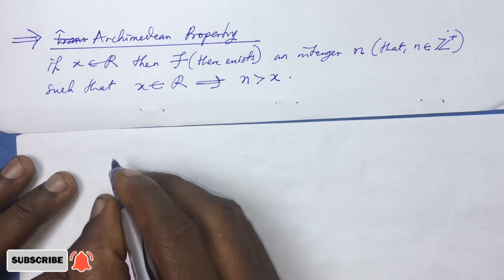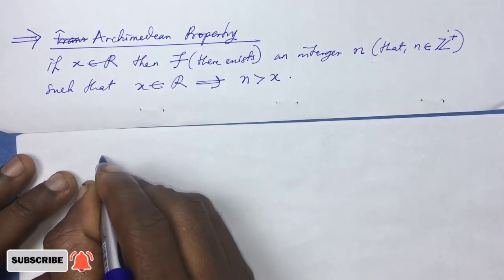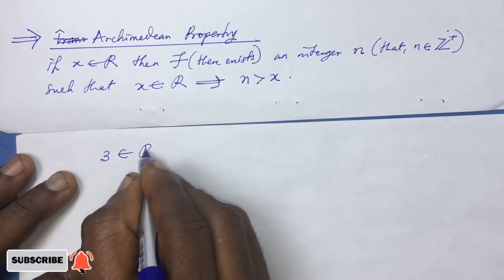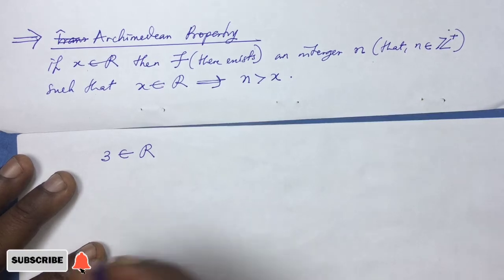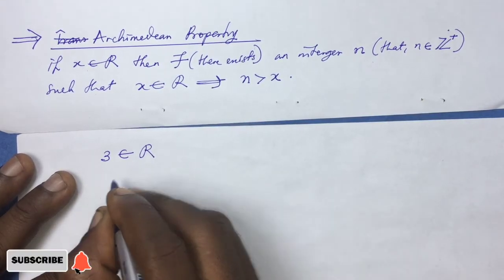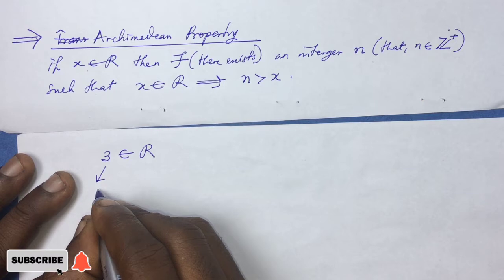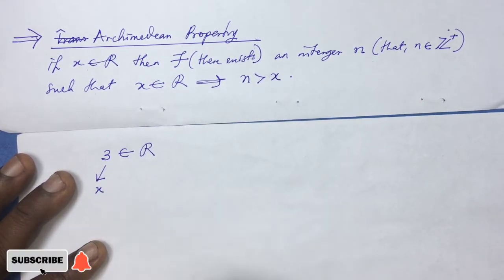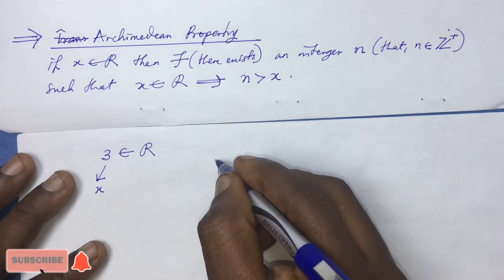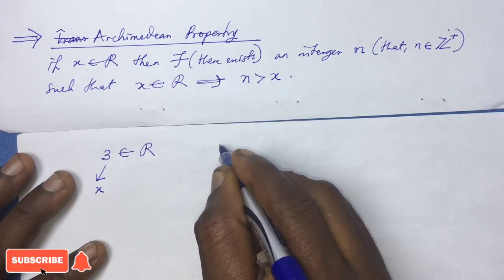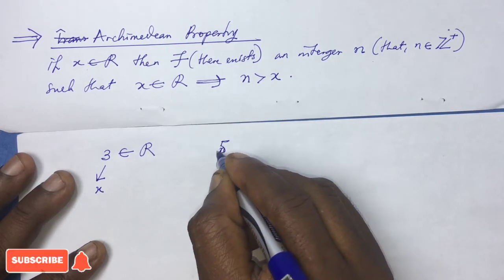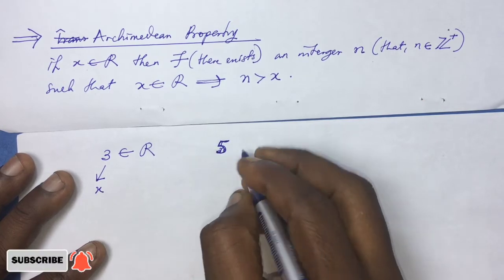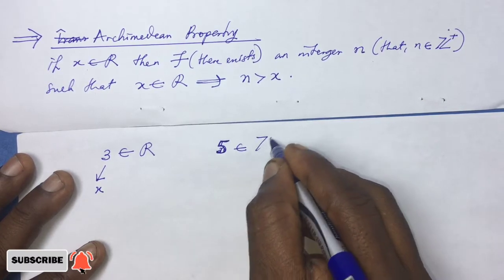You will notice that if I select 3 as a real number, in this case my 3 is my X. So if I select an X, 3, from the real number system, then it is possible to select an n. Let me call n 5. It is possible to select a 5, which is a member of Z plus.